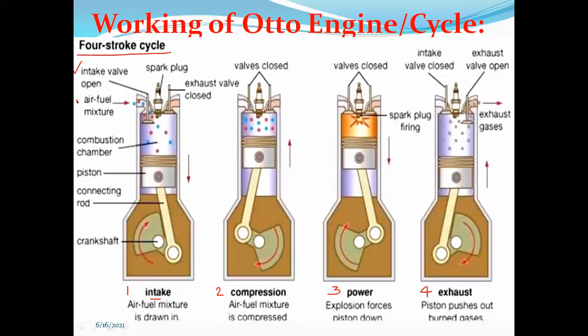Then the air and fuel mixture gets inserted inside the chamber. This is the combustion chamber, the internal area of the cylinder. Then there is the piston, the connecting rod at the center, and the crankshaft at the bottom. So this first process is the intake process, where the mixture of air and fuel is taken inside the chamber to burn.